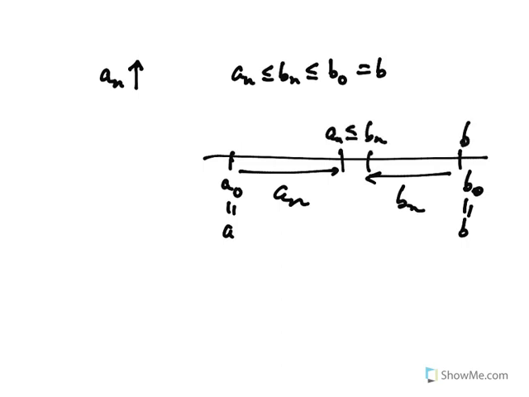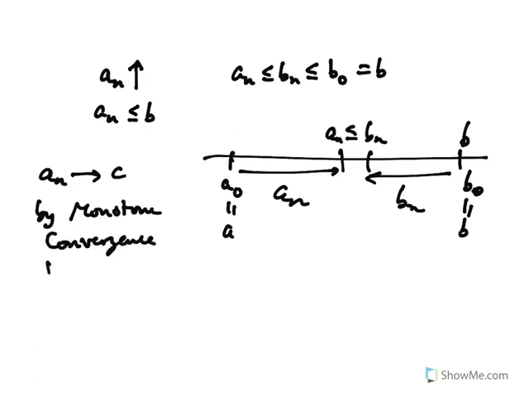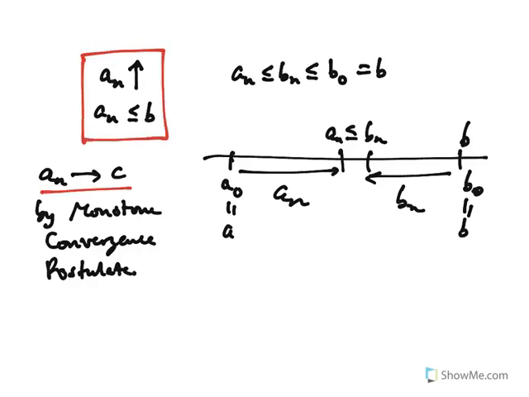So the an's are bounded above and increasing, therefore they converge to some limit, which let's call C. This is by the monotone convergence postulate. Remember that any increasing sequence, not necessarily strictly, that's bounded from above must have a limit in the reals by this postulate.